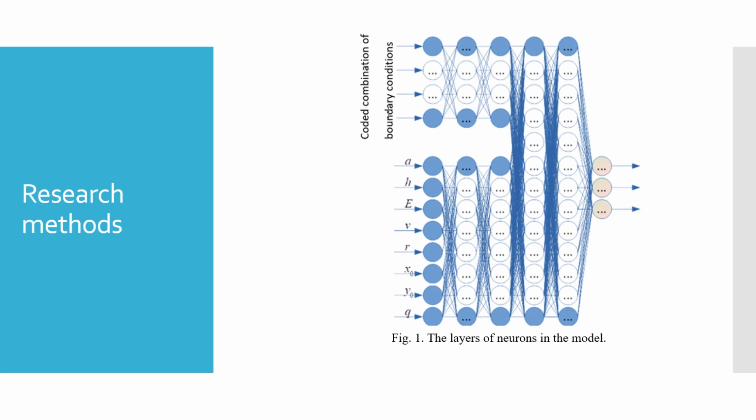In the first picture, you can see the layers of neurons in the model. The model of an artificial neural network is developed. This model includes few dense layers of neurons. Separate input layers are used for numerical and categorical data.